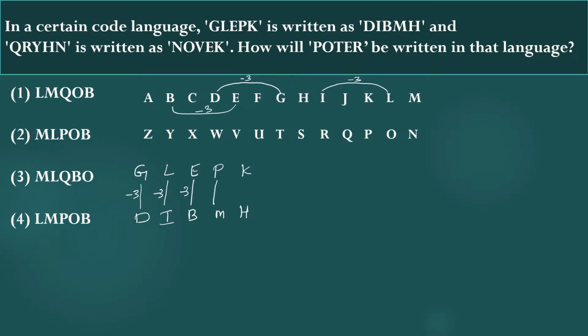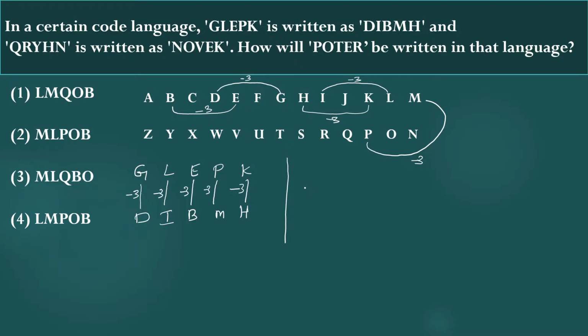P -3 we get M, and K -3 we get H. So G -3, L -3, E -3, P -3, K -3, we get DIBMH. Similarly, we can check whether the next word is written in the same language or not.